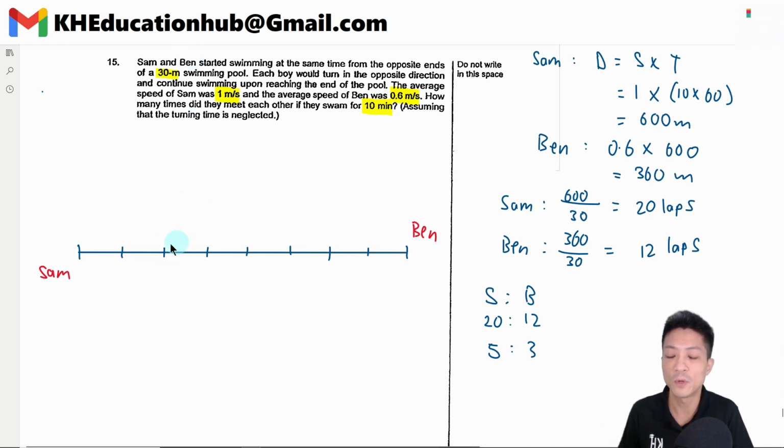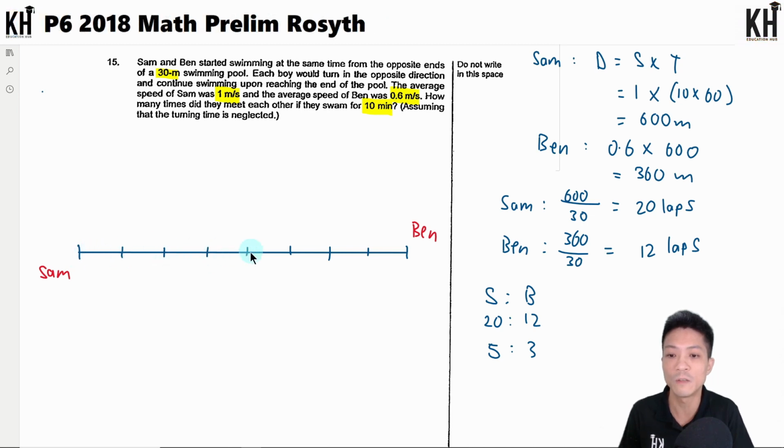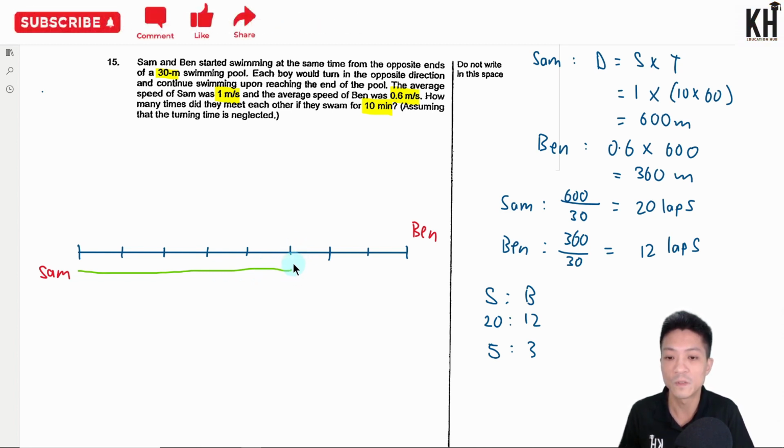So the first point where they meet each other will be: Sam will swim 1, 2, 3, 4, 5. Sam will swim from here to here. This will be the first point where they meet each other. Ben will swim from here to here.